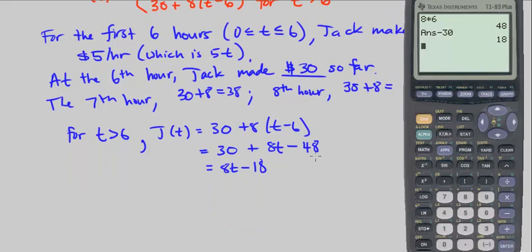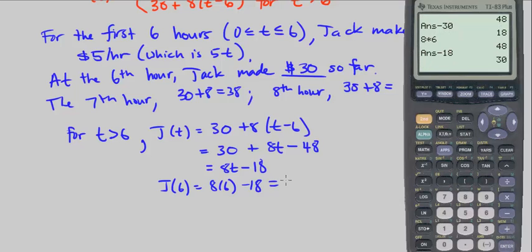And is this what we want for starting at 6 hours? Well, J of 6 then becomes 8 times 6 minus 18, which is 48 minus 18, which is 30. So we know that that's what it should be, right? The 6th hour, he's made $30. J of 7, the 7th hour, we want it to be 38. That's equal to 8 times 7 minus 18.